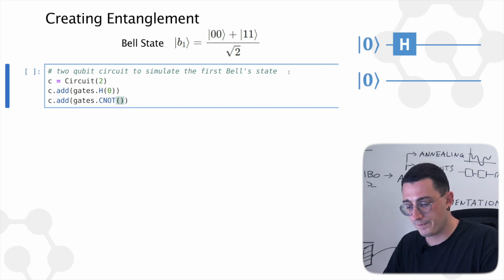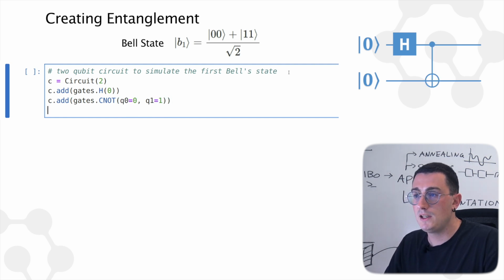We are going to use the qubit 0 as control and the qubit 1 as target qubit. This will be the most important step because the control qubit is here in a superposed state. So half of the time it will act on the qubit 1, half of the time it will not.